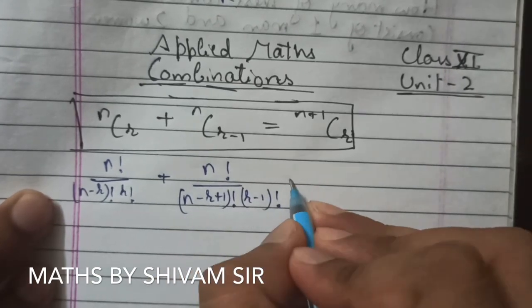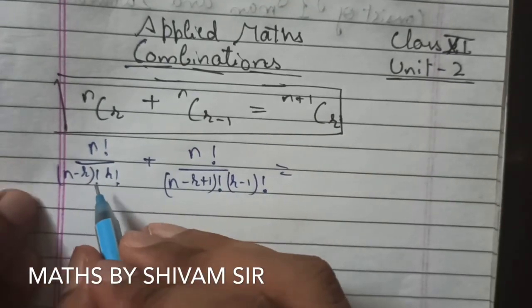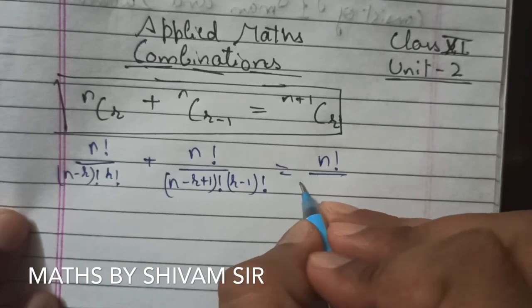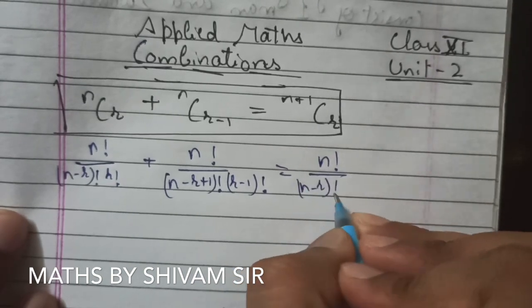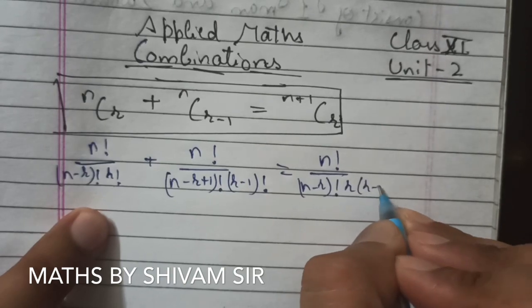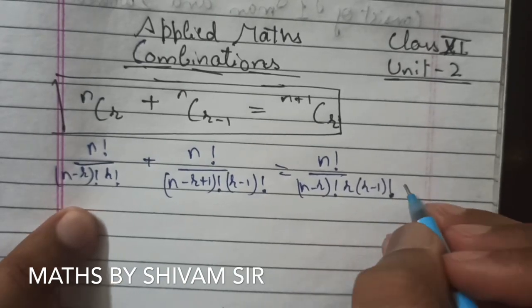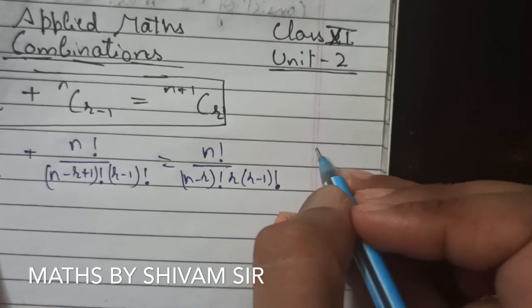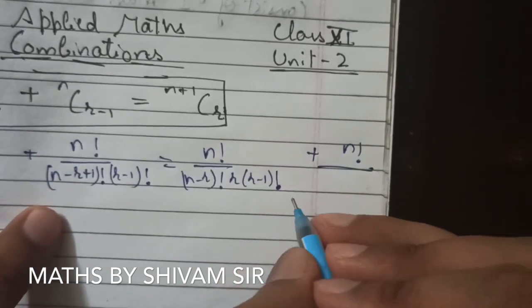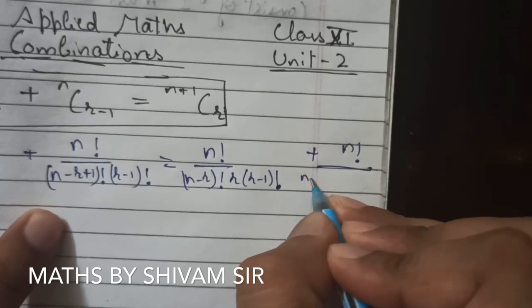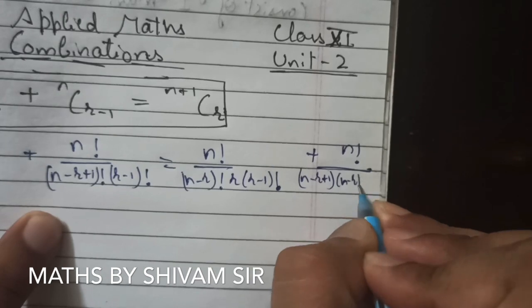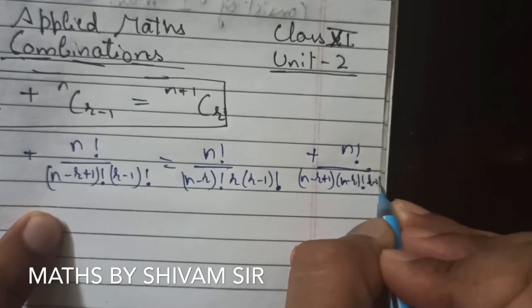Now this we can write as n factorial upon (n minus r) factorial, and r factorial can be written as r multiplied by (r minus 1) factorial, plus n factorial upon (n minus r plus 1) multiplied by (n minus r) factorial, (r minus 1) factorial.